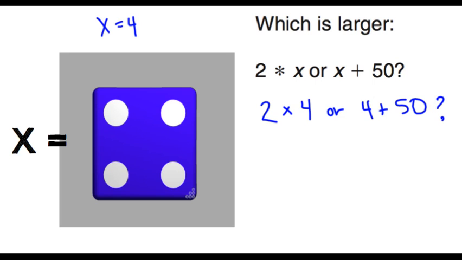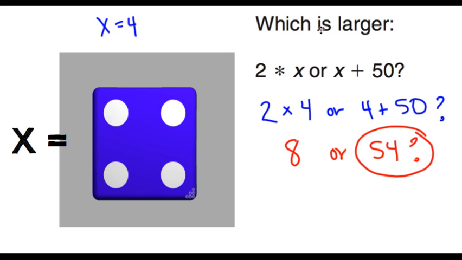The question is now, which is larger? 2 times 4 or 4 plus 50. So now let's solve these. 2 times 4 is 8. 4 plus 50 is 54. So the question now is, which is larger, 8 or 54? Well, we know that 54 is larger, so the answer to the question, which is larger, is x plus 50.